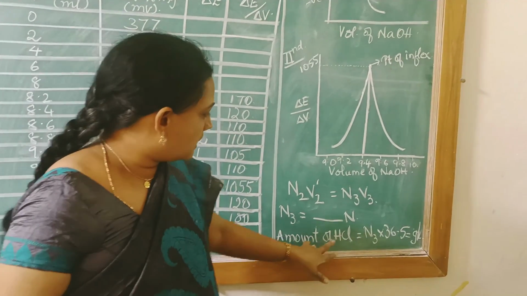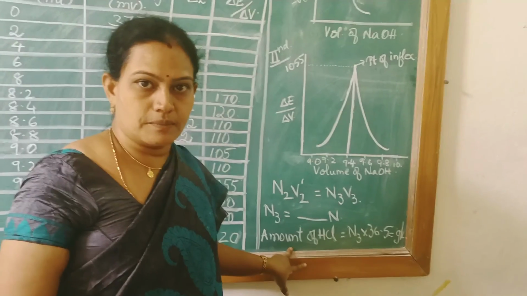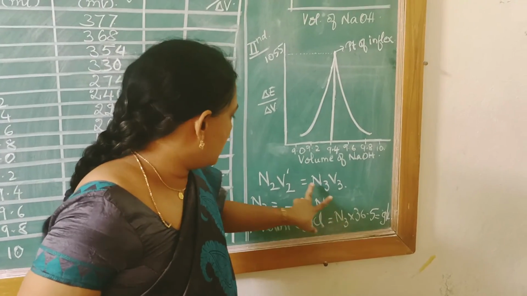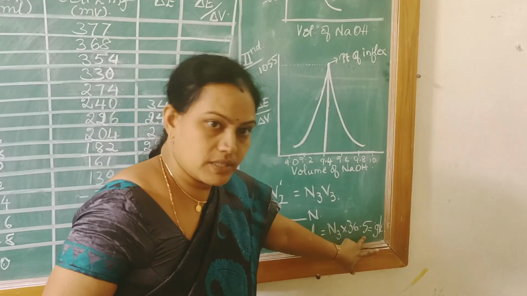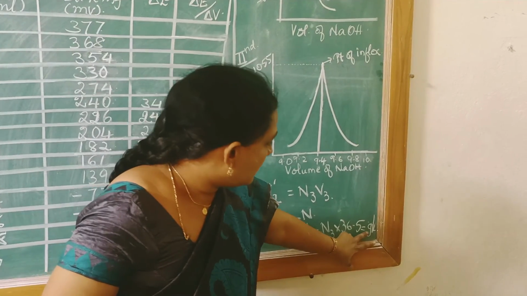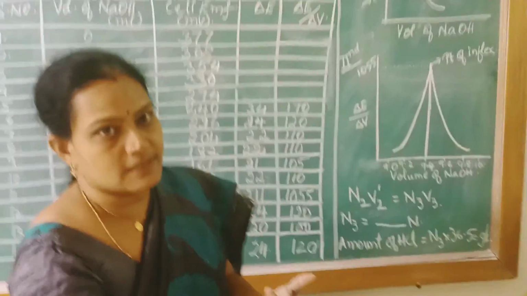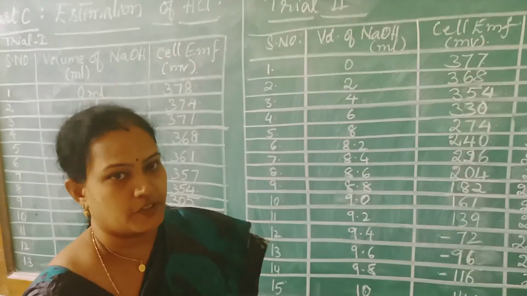So normality into its gram equivalent weight gives me the amount of HCl. So this is how I calculate the normality of HCl and then obtain the amount. N3 into 36.5, its gram equivalent weight, gives me the amount of HCl in grams per liter. So this is how we need to complete the reaction. Okay. Thank you.